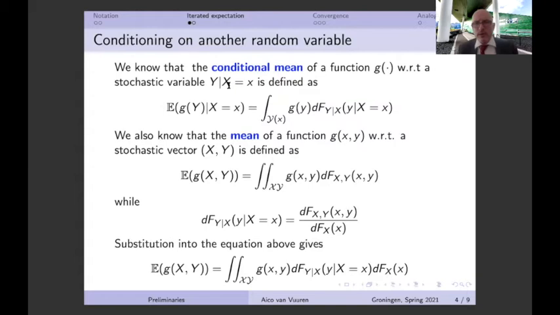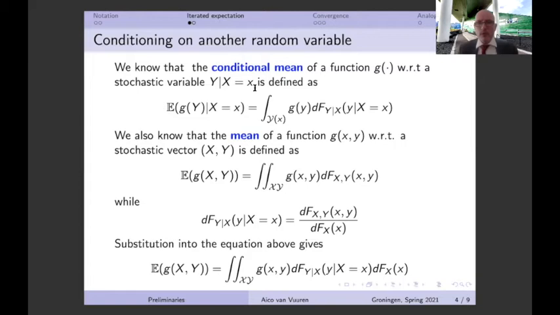So we are not interested here in the random variable y itself, but we would like to look at how the random variable behaves in the case that we already know that the outcome of another random variable x is equal to this small x that we have over here. Conditional random variables are difficult to understand, but the easiest thing to understand about them is that they're actually random variables themselves.